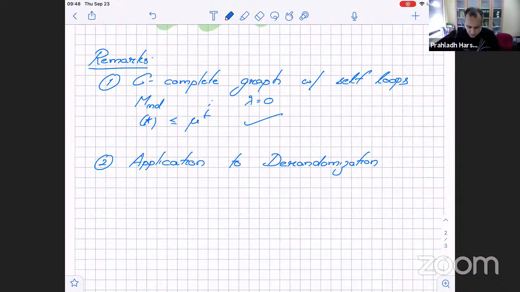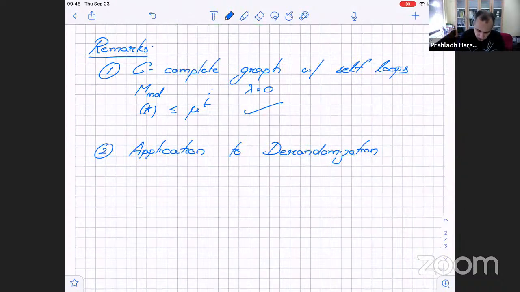So recall, we had done this a few lectures ago, the theorem due to Karp, Pippenger, and Sipser.